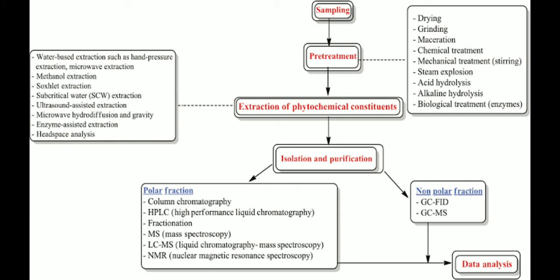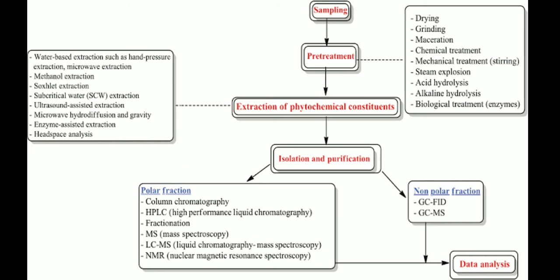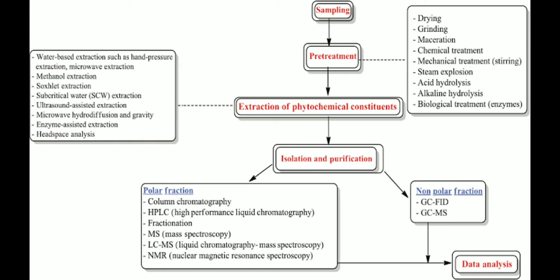Not necessarily always, but in some cases it happens, because HPLC is very high performance chromatography, right? It is the name, high performance liquid chromatography. So performance is high there, separation is much more.